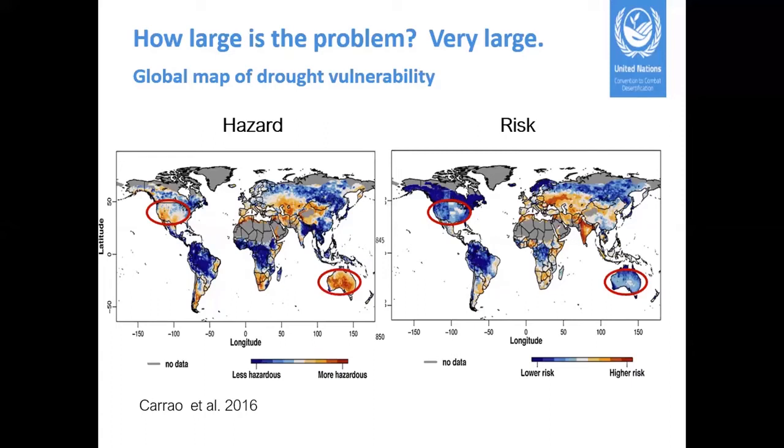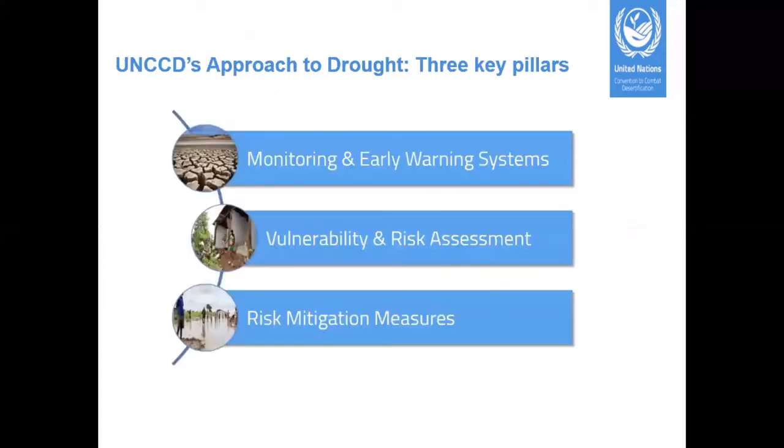Because they were able to minimize the vulnerability to droughts, the exposure to drought. So we are just trying to play around these two variables. That's why we see on the right side the dark blue on Australia, for example; they played around the variables of vulnerability and exposure.